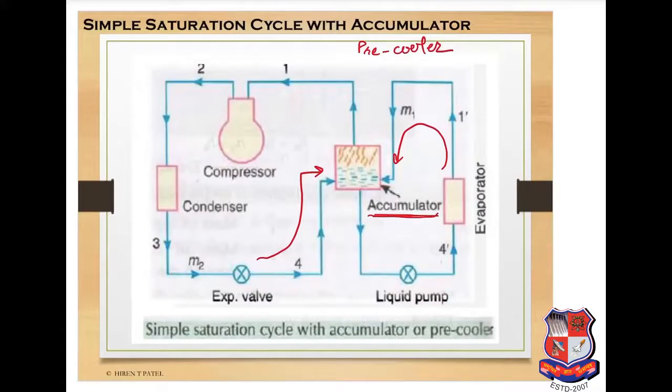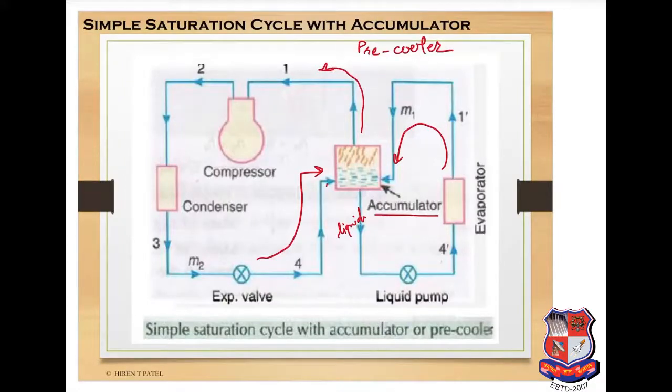Here this accumulator also works as a flash chamber. So the amount of flash which is generated after the expansion is also removed, and only liquid is transferred to the evaporator. So the flash, or we can say vapor, that is generated is directly transferred to the compressor.